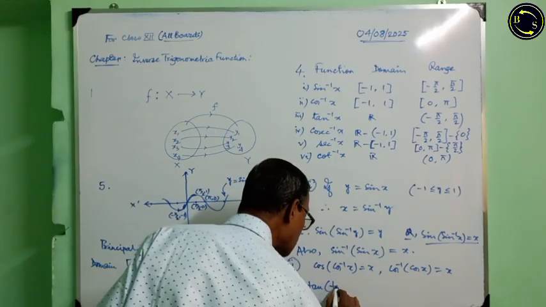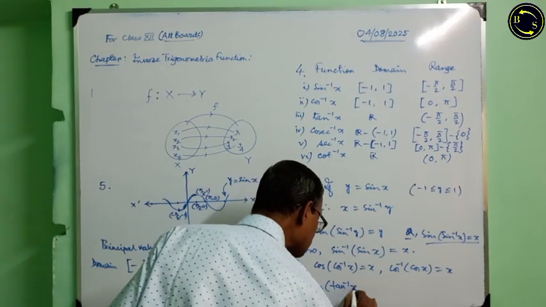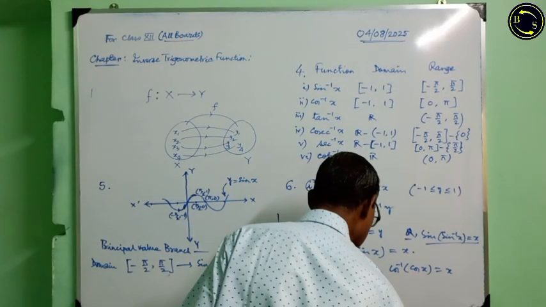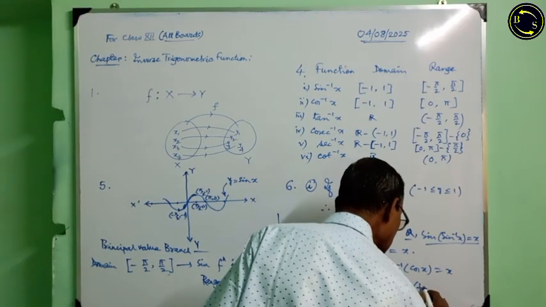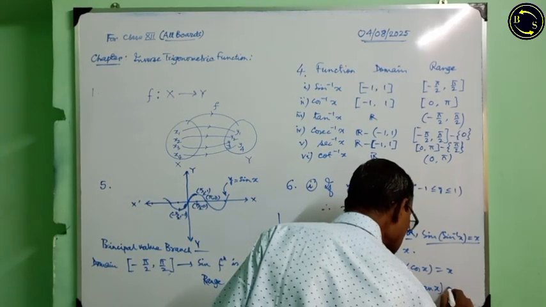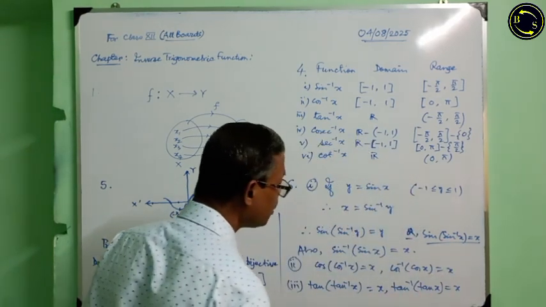For tan: tan of tan inverse x equal to x, tan inverse of tan x equal to x.